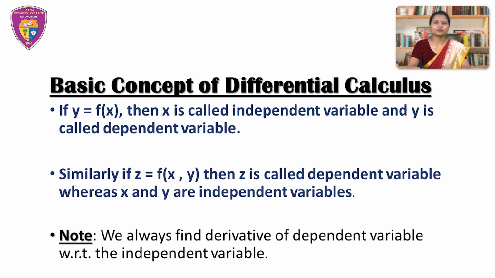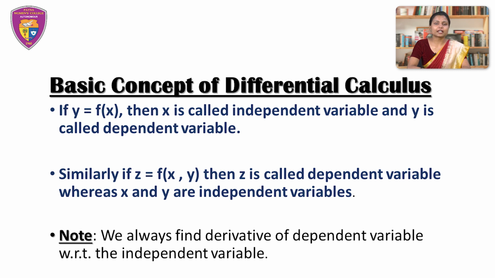If we define y equals f(x), where x and y are two variables such that y varies with respect to x, then x is an independent variable whereas y is the dependent variable. Similarly, if we define another function z equals f(x,y), then z is called the dependent variable whereas x and y are the independent variables.